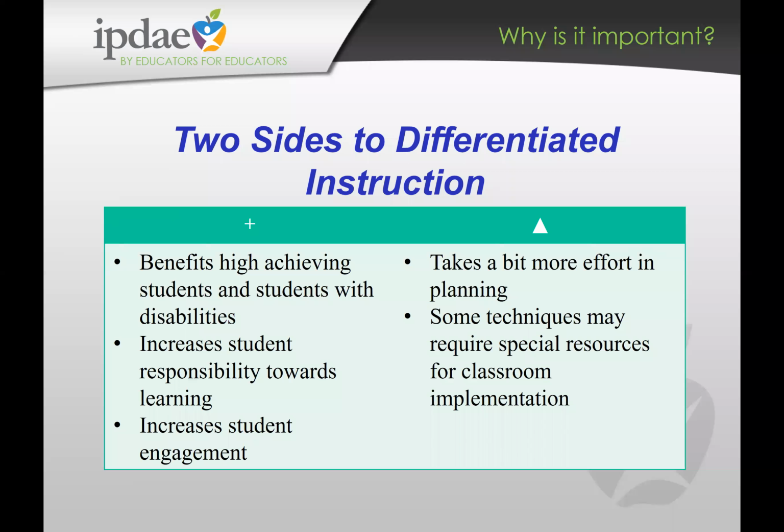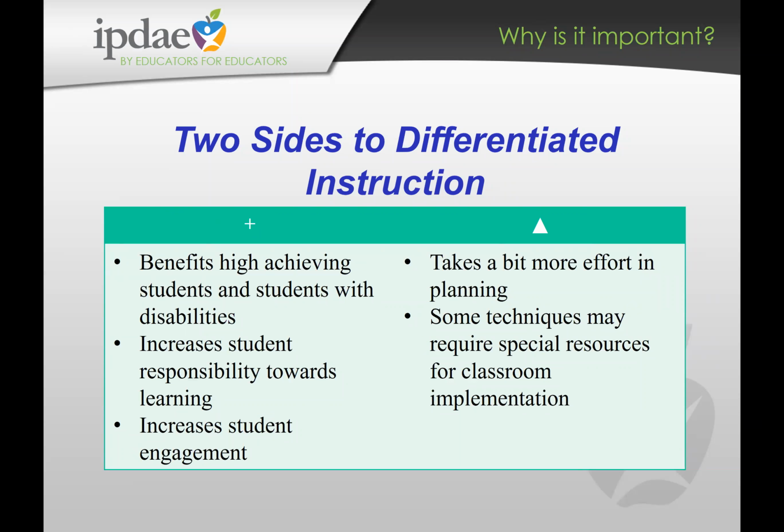One of the things is really, really helpful to our students that are high achieving. By differentiating your instruction, you're able to continue their engagement in class. It also increases student responsibility towards the learning. If they have more responsibility towards their learning, there's more engagement in the classroom, and you will notice that as a teacher.